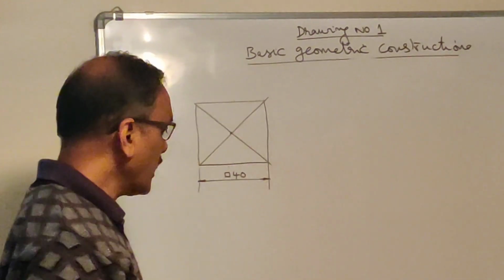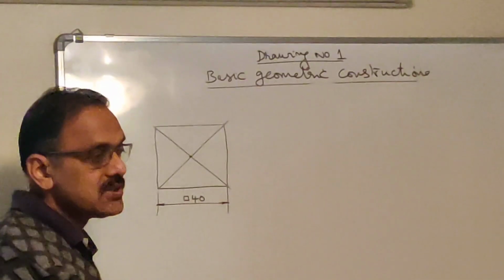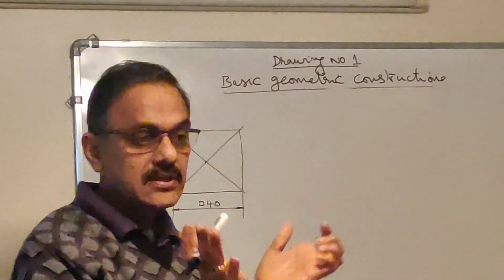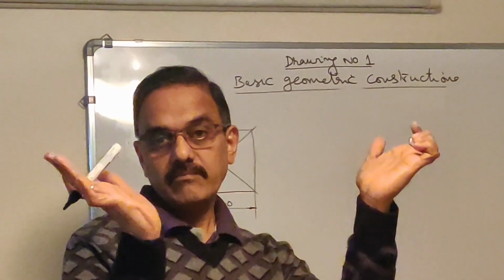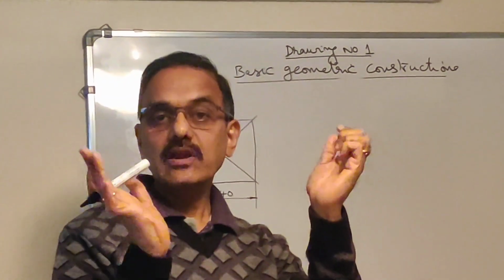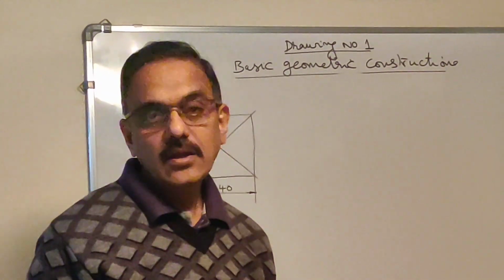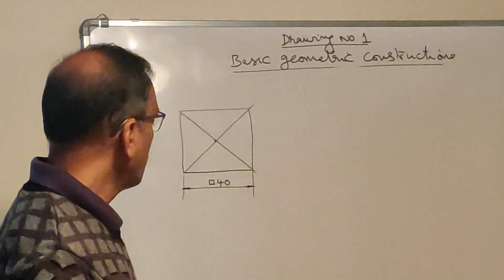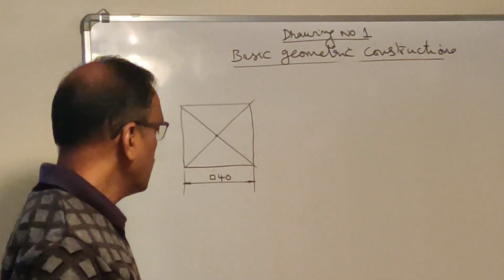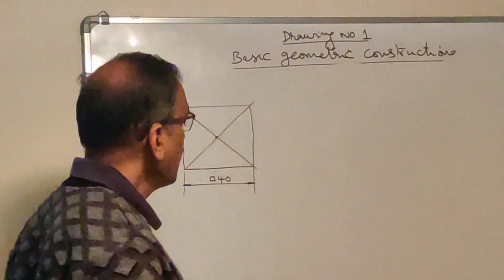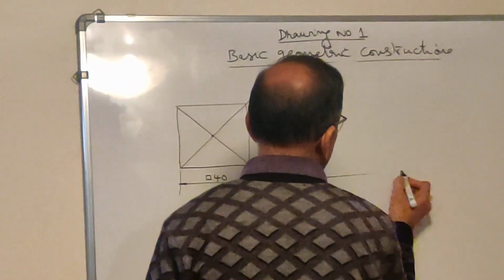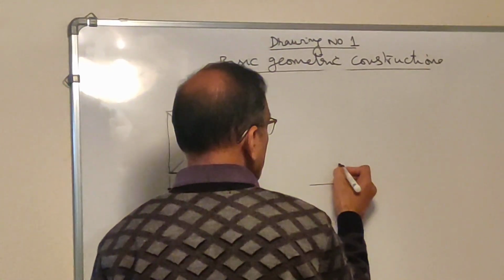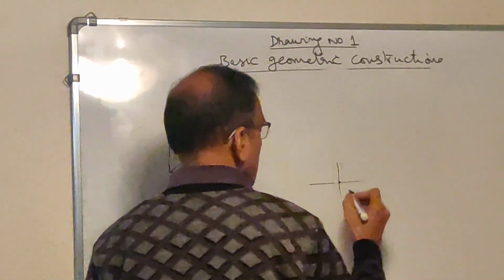Now the next one, I want to have a square with two edges equally inclined to the horizontal. When I say two edges equally inclined to the horizontal in a square, they should be inclined at 45 degrees. Okay. So I am going to start drawing the next sketch. I am going to start with two edges inclined at 45 degrees to the horizontal.